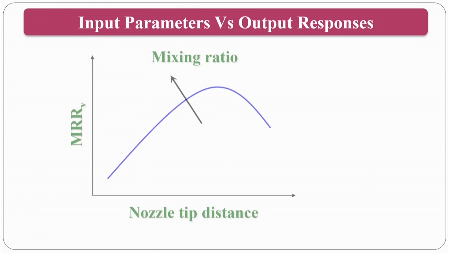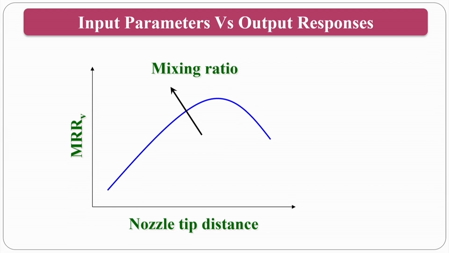If you see the other parameters, normally the nozzle tip distance: if the nozzle tip distance is low, the material removal will be good.